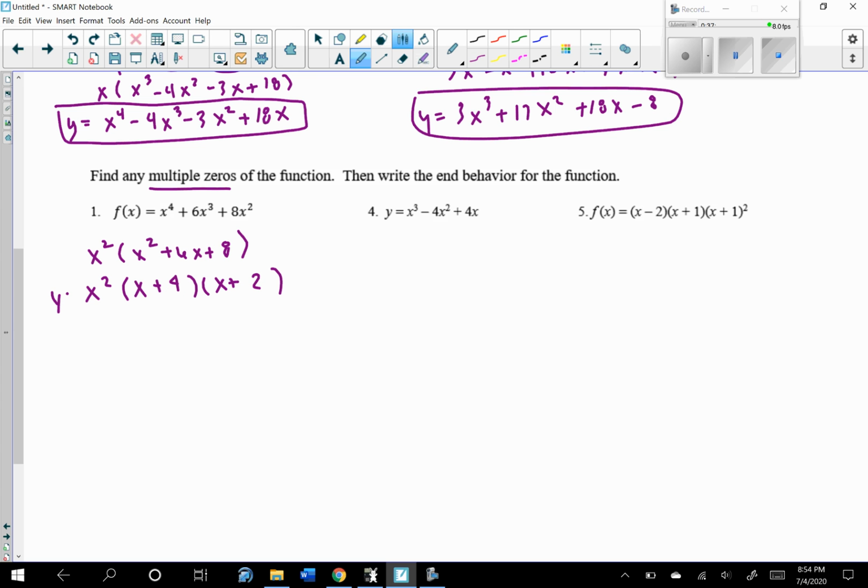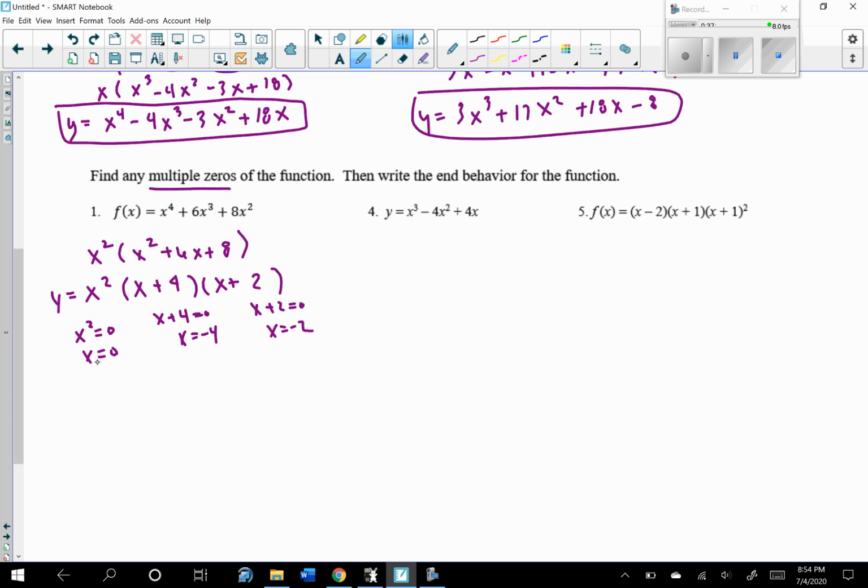So now I have my factored form, and I want to find the zeros of this with the multiple zeros. Here we have x squared, so x squared equals 0, so x equals 0. x plus 4 equals 0, so x equals -4. And x plus 2 equals 0, so x equals -2.